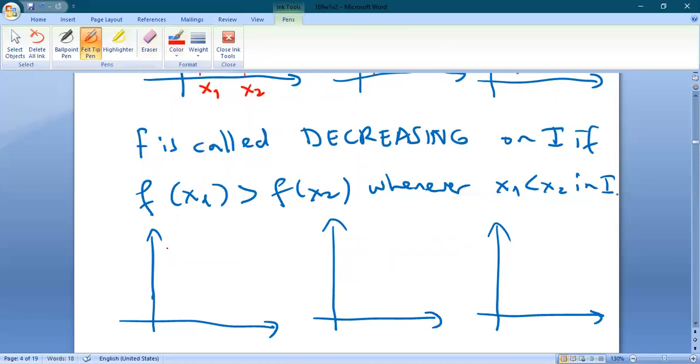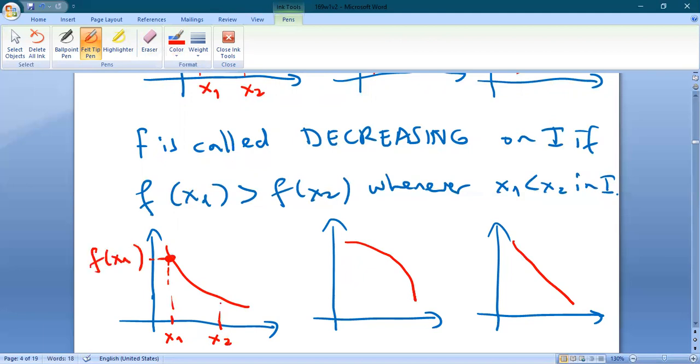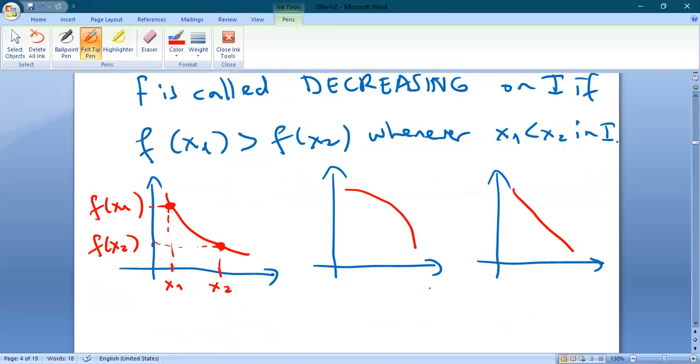Let's say we can have something like this, or something like this, or something like this. Let's say this is x1, x2 here. x2 is bigger than x1, but when you look at the values, f of x1 is bigger than f of x2. So then this is a decreasing function. Again, we can have three versions of decreasing functions on a basic interval. So this is it for this part.